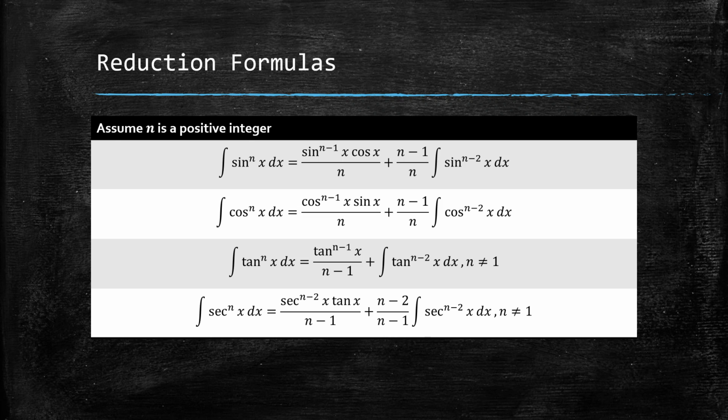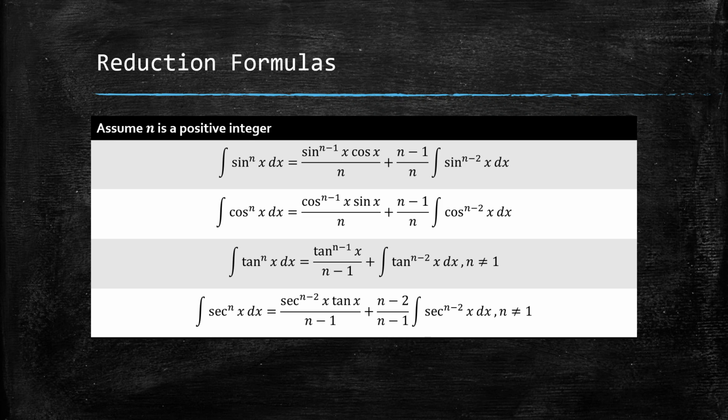Now the integral of the nth power of tangent of x dx is equal to the n minus 1 power of tangent of x divided by n minus 1 plus the integral of the n minus 2 power of tangent of x dx for n not equal to 1.